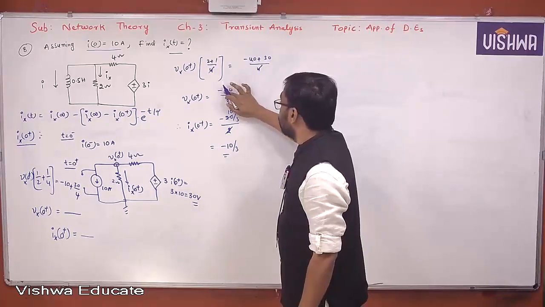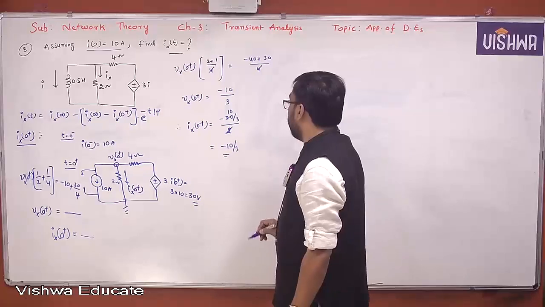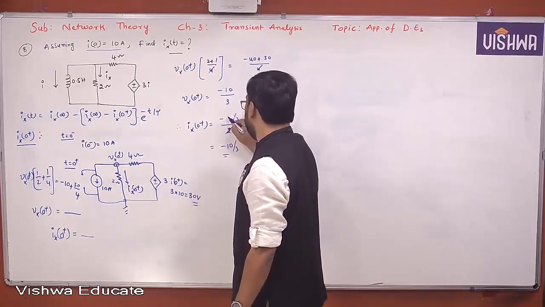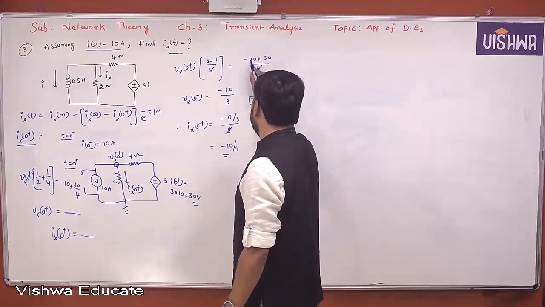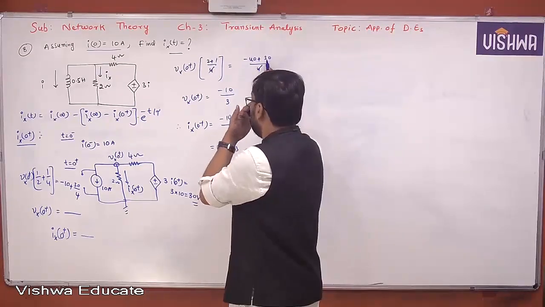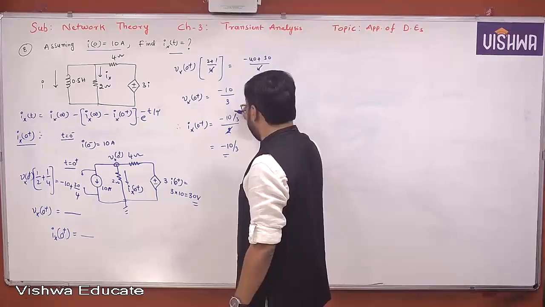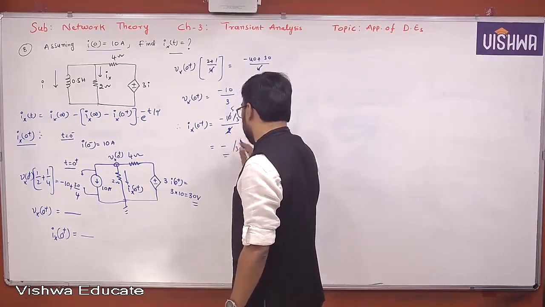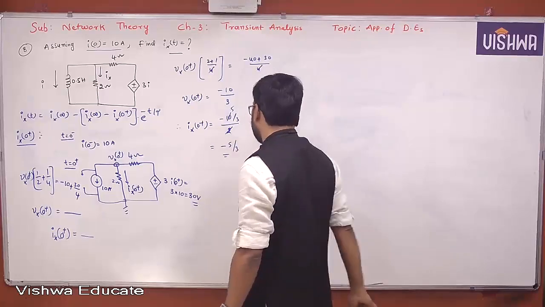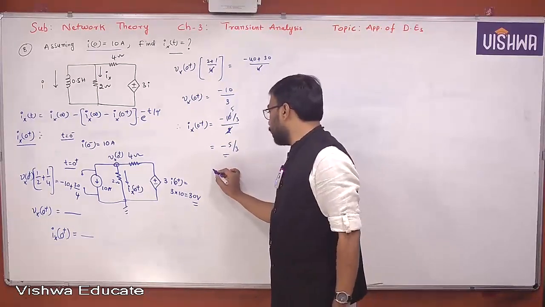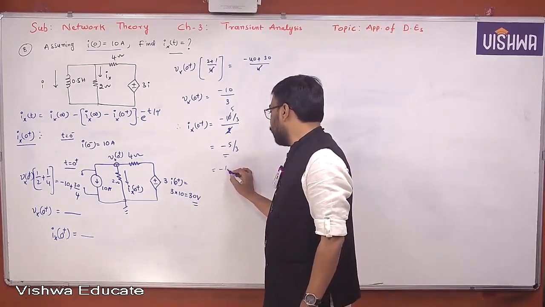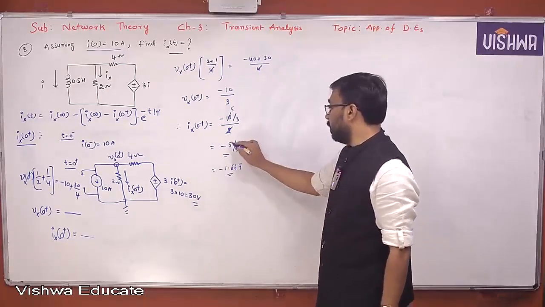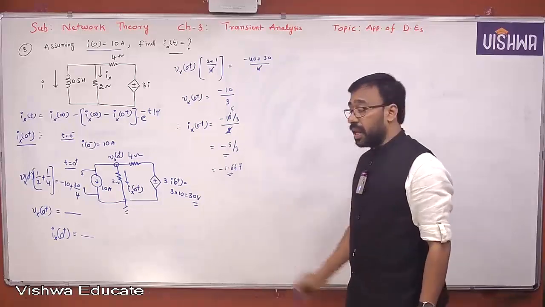Minus 10 by 3 divided by 2 is, so minus 5 by 3 is the correct answer. All of you please correct it, minus 5 by 3. So you get this value as nothing but minus 1.667. Yes or no, all of you? You can calculate like that.